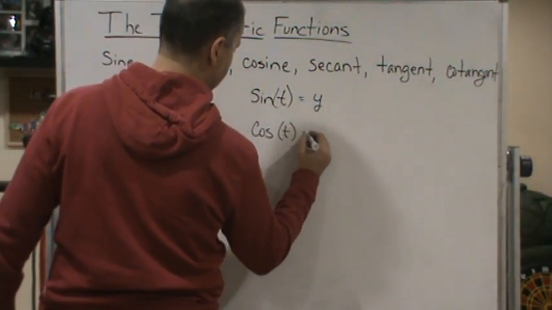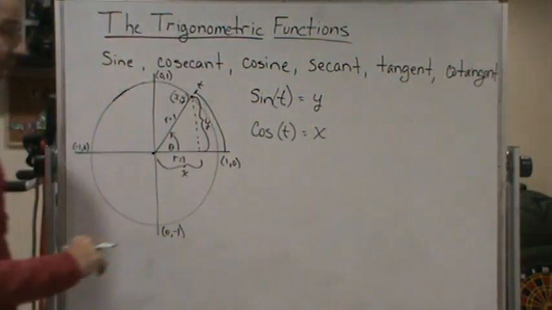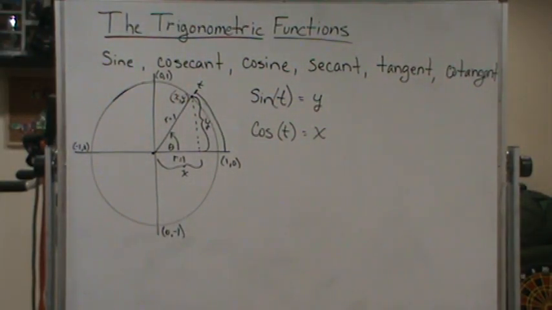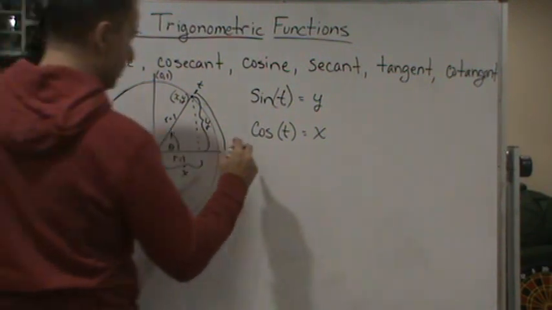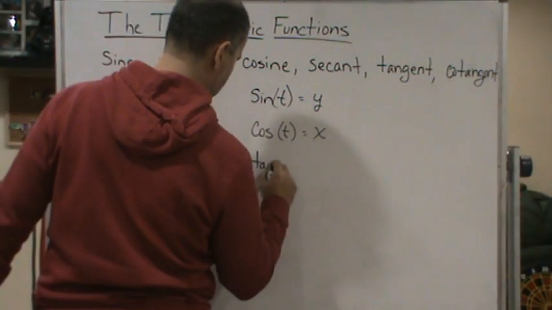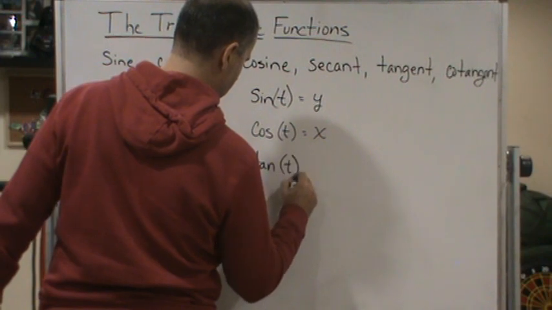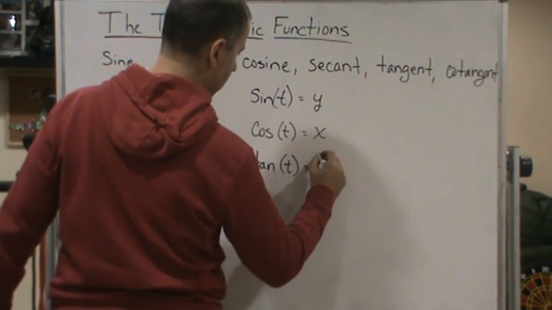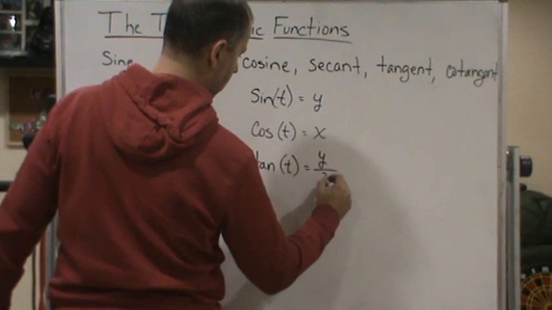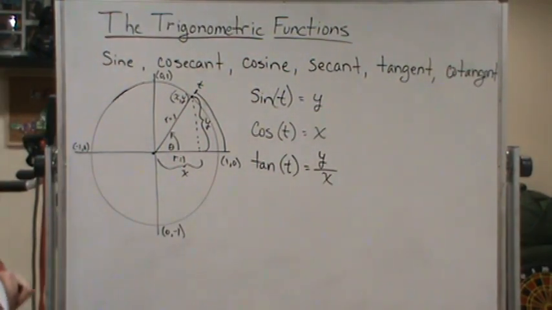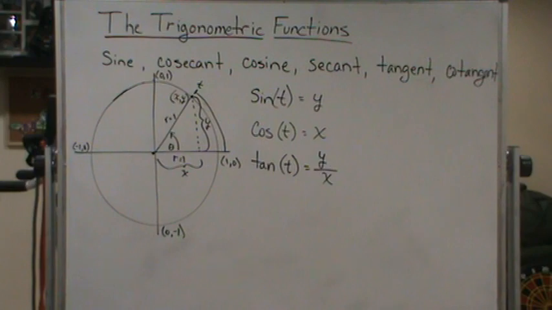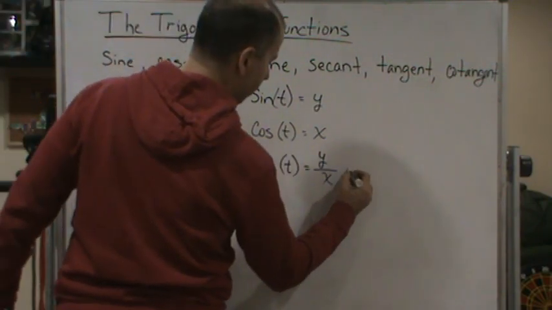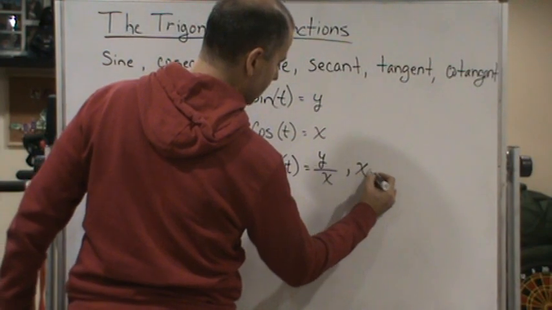Now, sine t is equal to y. Cosine t is equal to x. Tangent is y over x. Obviously we can't have x equal to 0.